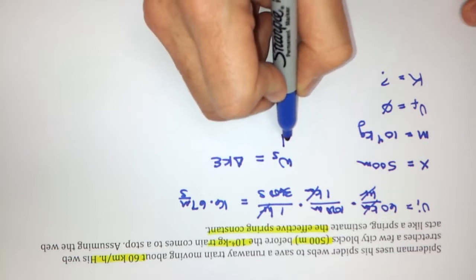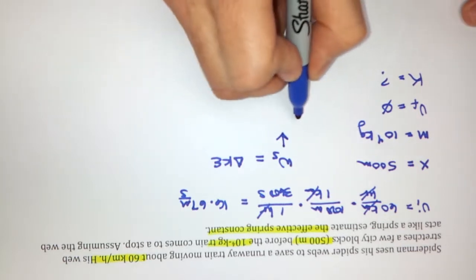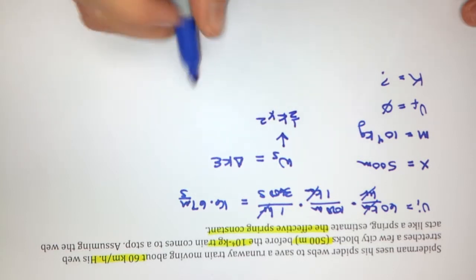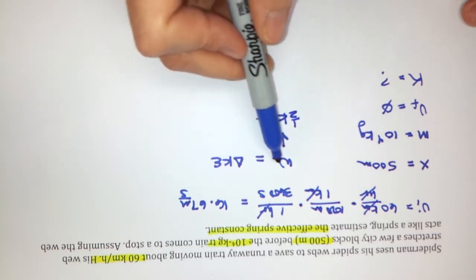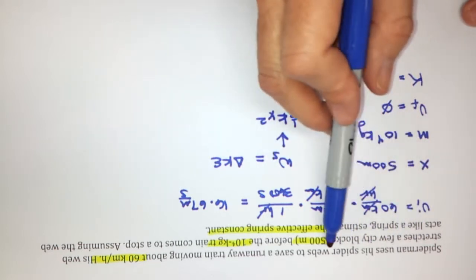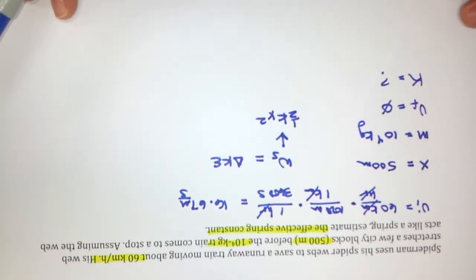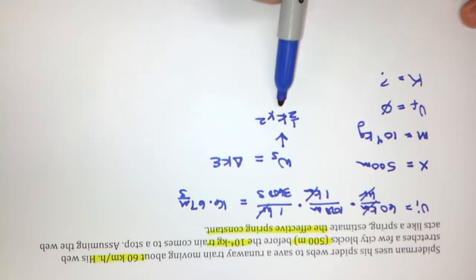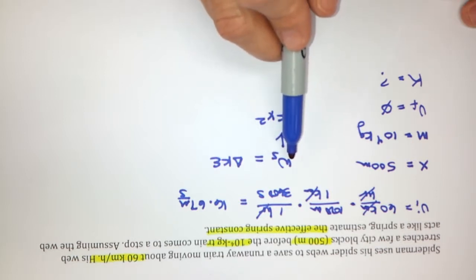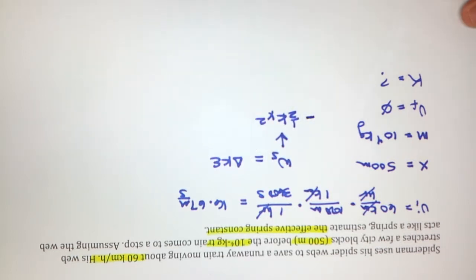So we can sub this out to say 1/2 kx squared, because the work done by the spring, which again we're assuming his spider web is acting like a spring, is 1/2 kx squared, just like we did in the lab. Now remember that springs always do negative work, so I'm going to put a negative sign there.